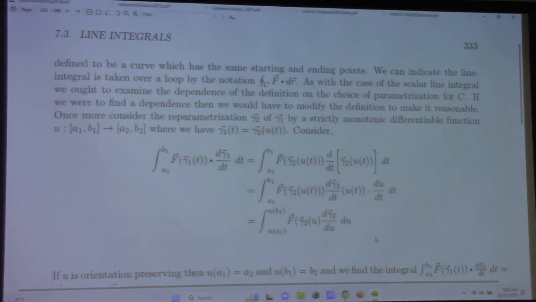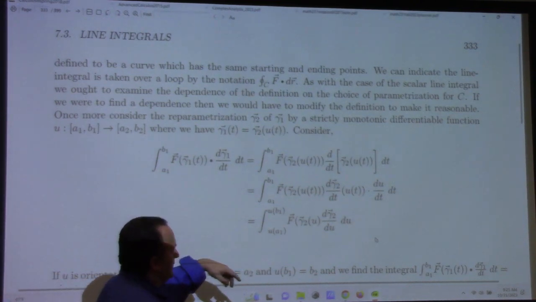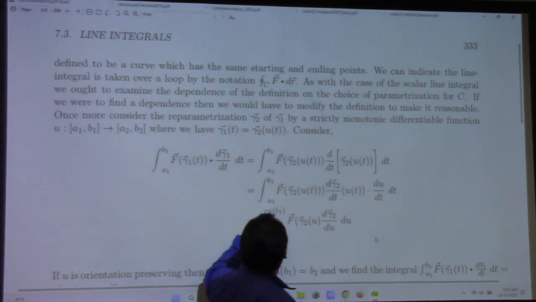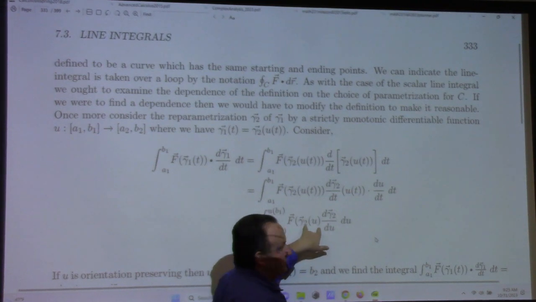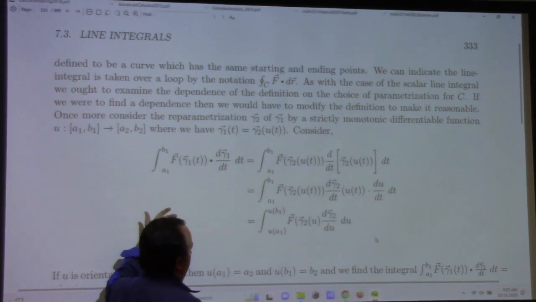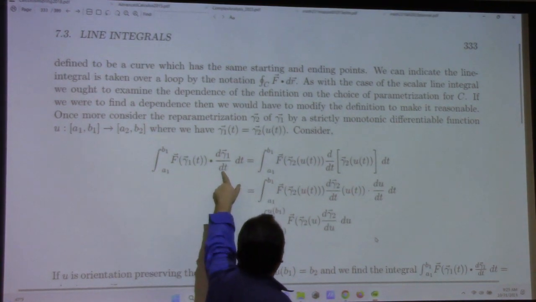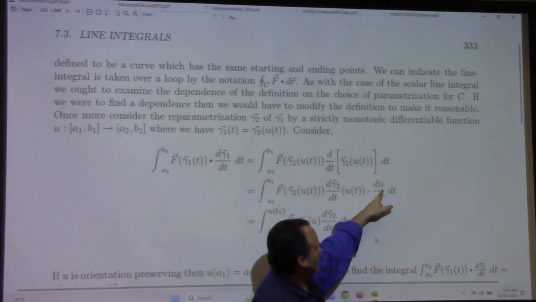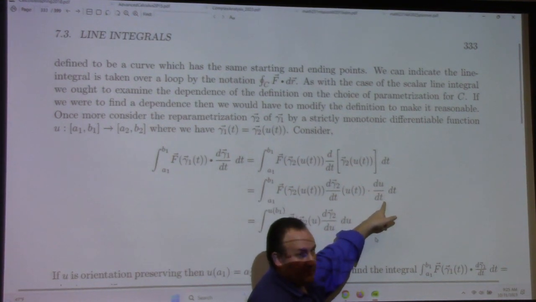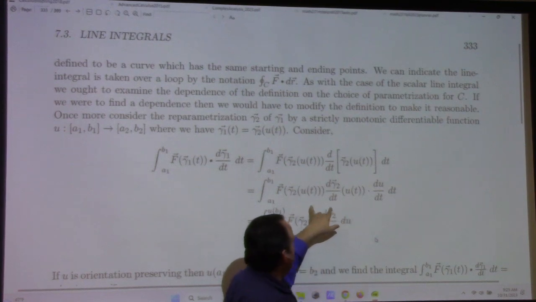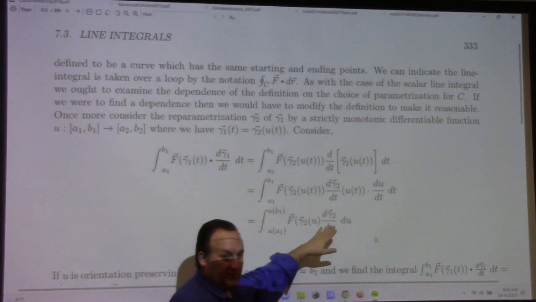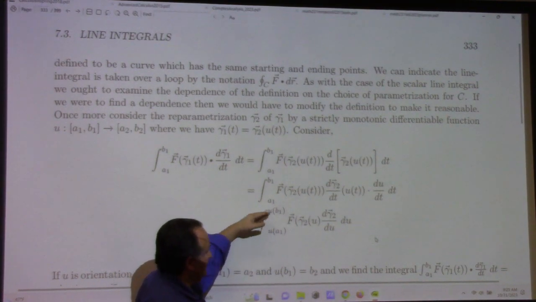If I swapped out t for u, instead of doing gamma 1 of t, I did gamma 2 of u. Well, when I do that, the chain rule brings out a derivative of the parameterization function, du dt. But in so doing, we can do a u substitution, and the bounds change as well.